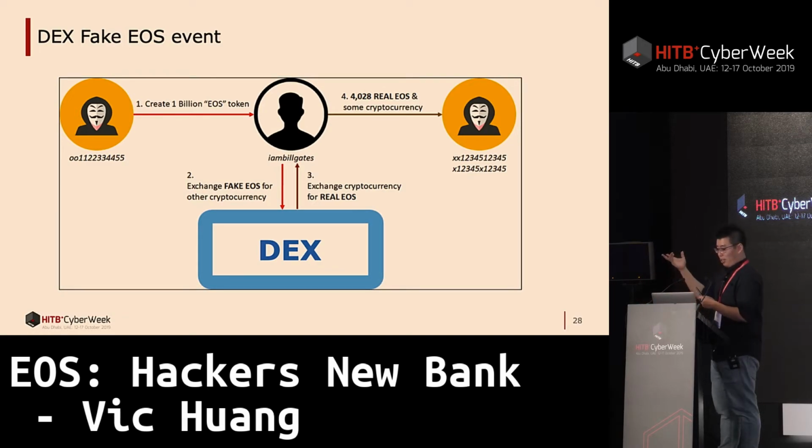So he exchanged the fake money for real money, and then he changed the real money back to real EOS. So he gains about 40,000 real EOS.